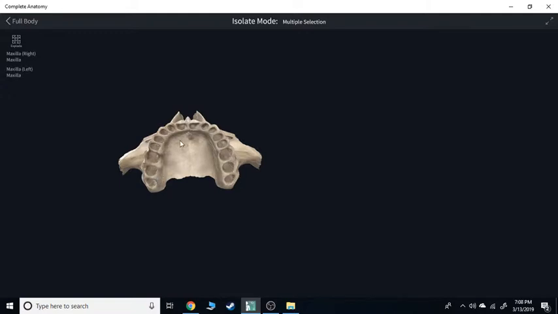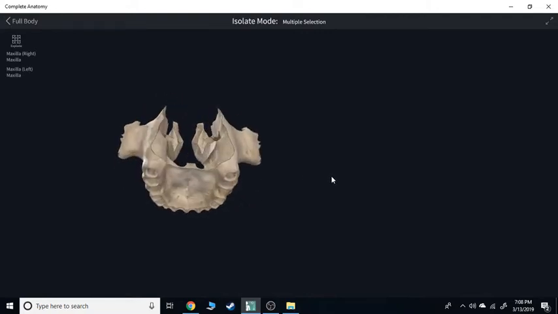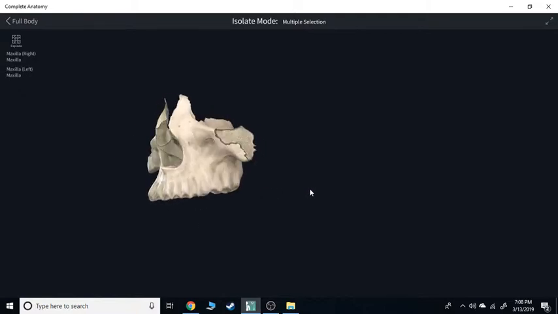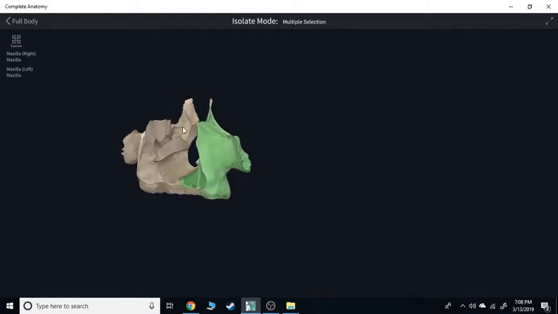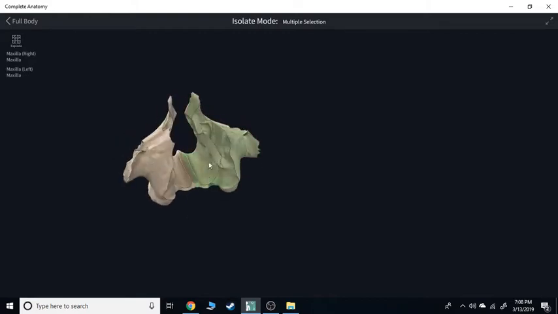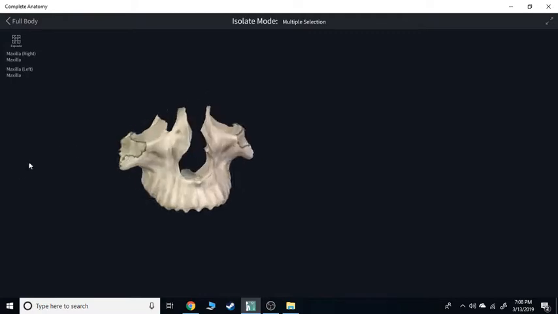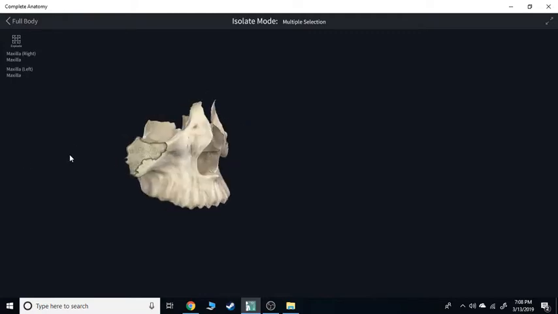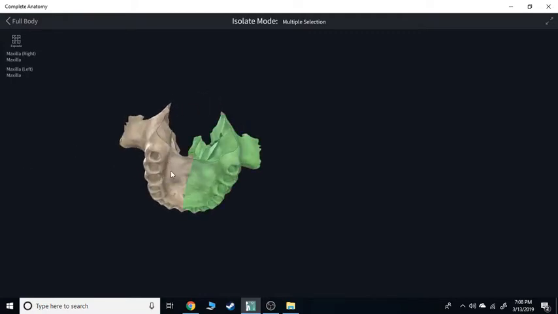Again, just sockets for the teeth. So this part right here is called the palatine process. You can see where it sticks out. You can see all the sinuses in here. The palatine process is basically just the roof of the mouth, the interior portion of the roof of the mouth.